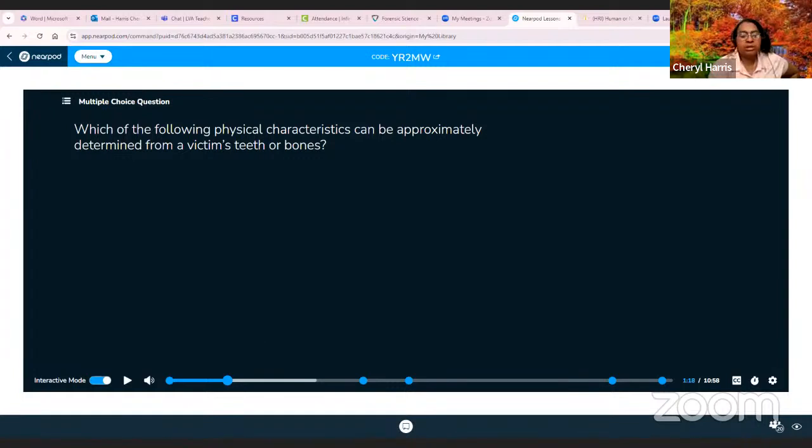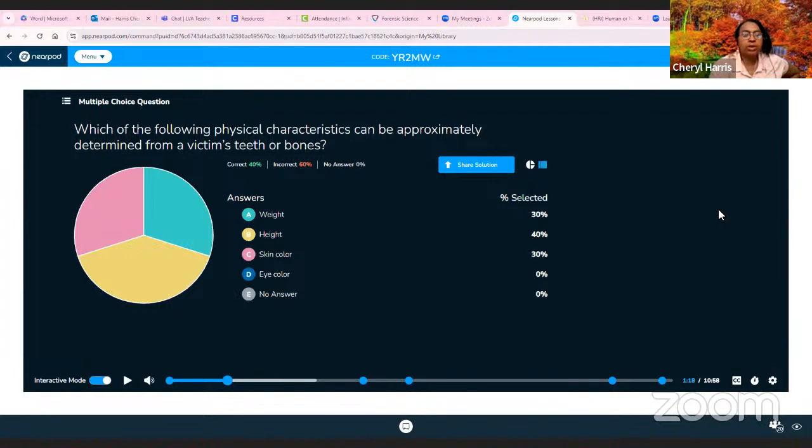All right, so let's see how you've done. It says, which of the following physical characteristics can be approximately determined by the victim's teeth and bones?